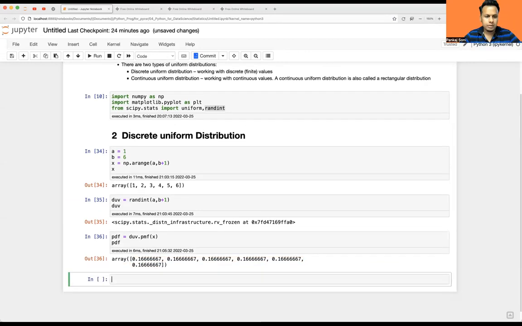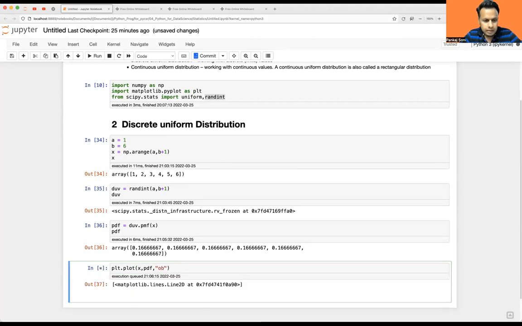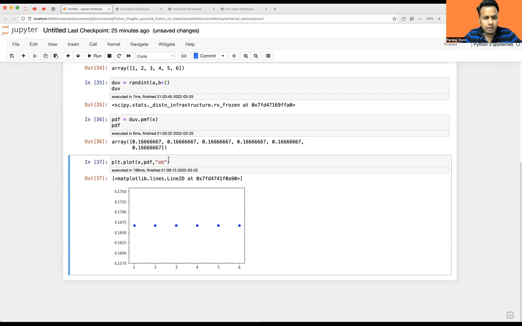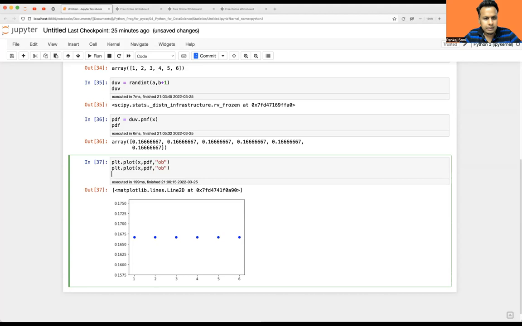Let me show. I'll calculate the CDF. So plt.plot. I'm just plotting X and the points of PDF, and here the marker will be 'o', that is nothing but the point. I can give, let's say, blue color. See here, it's plotting now, and after that I'm going to plot a line here.